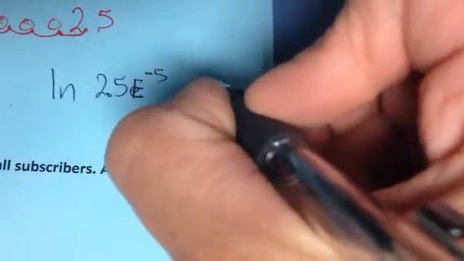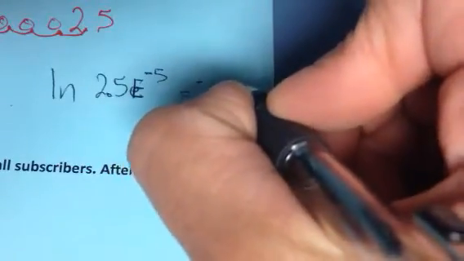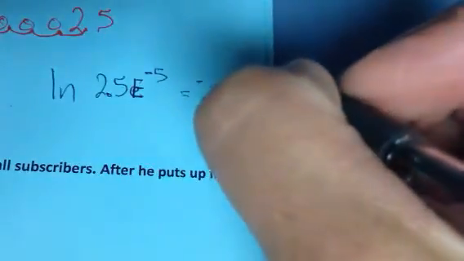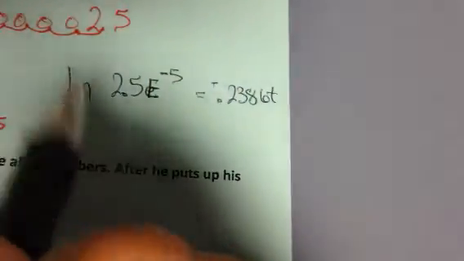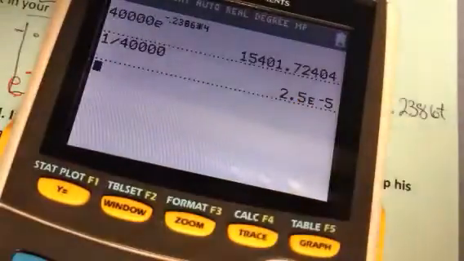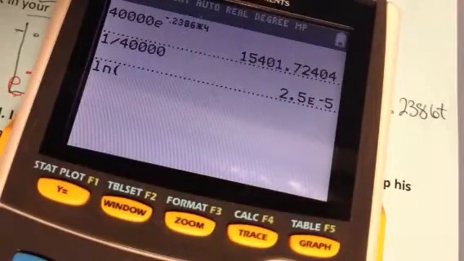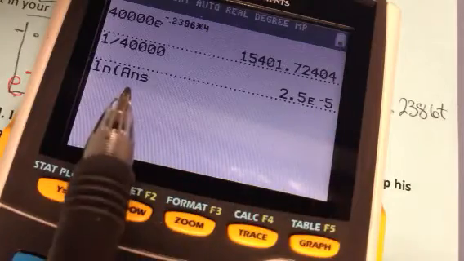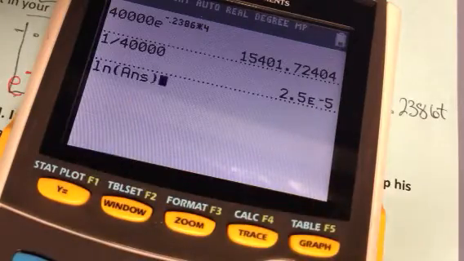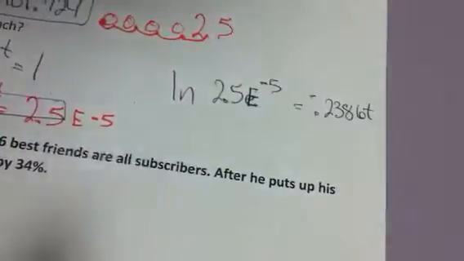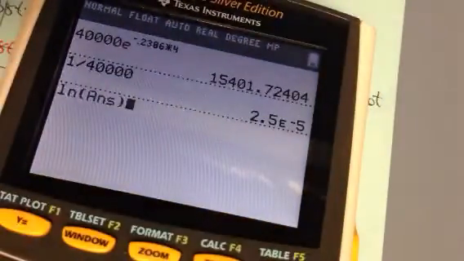Equals this decimal number. So now everyone can just type in ln. I don't want to retype this number in, but it's stored as the most recent answer. So I'm just going to do ln, do that second negative key, so it takes this and puts it in here. Okay? So that's all I'm doing here. Anyone can do that on their calculator.